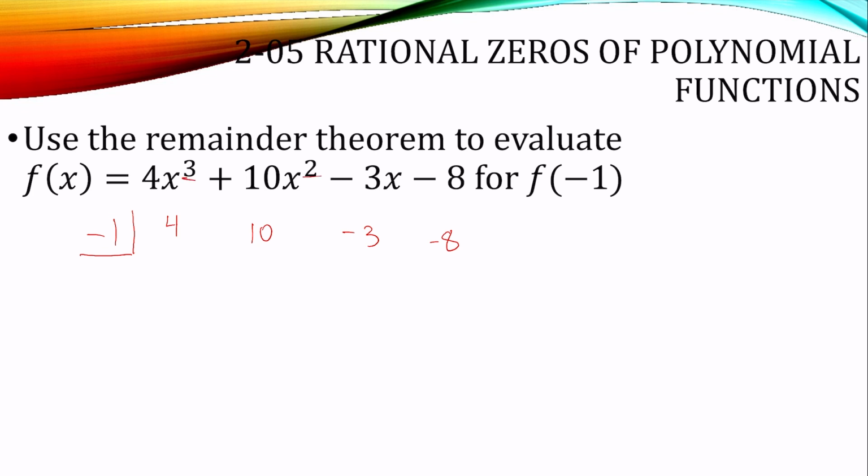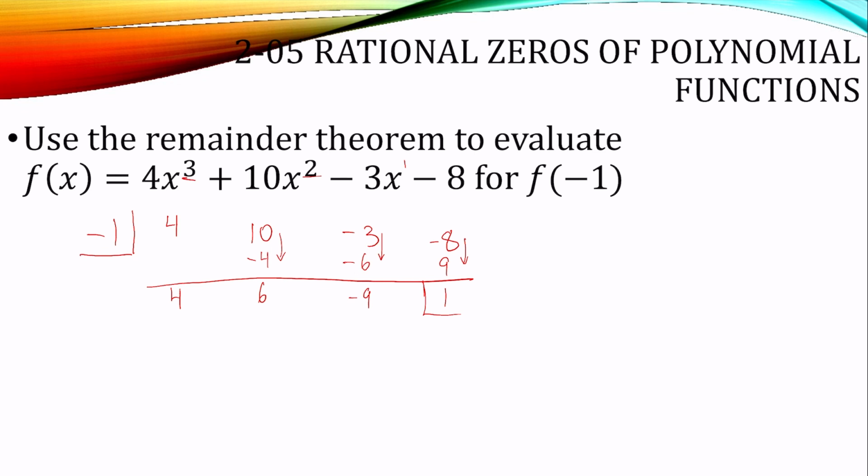We have 3, 2, 1, 0. Bring down the 4, multiply, add, and multiply, add, and multiply, and add. Run out of numbers, so that's the end.